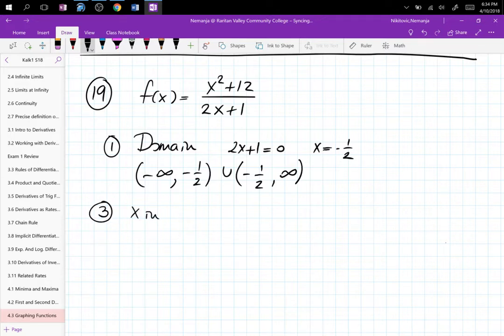Number 3, X-intercept. So number 3 as X-intercept is set y to 0. So we have x squared plus 12 divided by 2x plus 1 equals 0. And when you cross multiply, denominator dies.